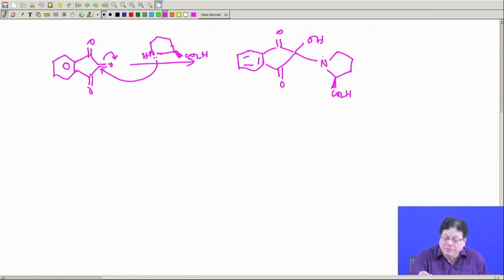Now, what will happen? This nitrogen will utilize its lone pair and remove the OH as water. It takes up hydrogen from water. Okay.